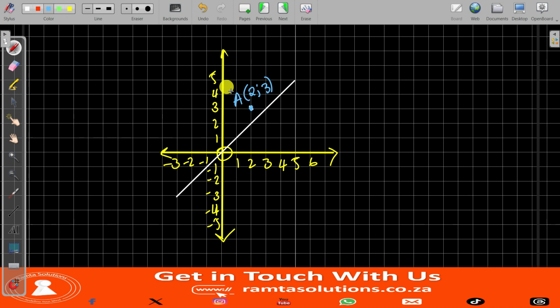Now, I want you to pay attention, okay? I'm going to give you the image using the graphical representation. The horizontal distance between the point and the line is 1 unit. So this is 1 unit to the left. I will need to move 1 unit to the right. So this point is somewhere here.